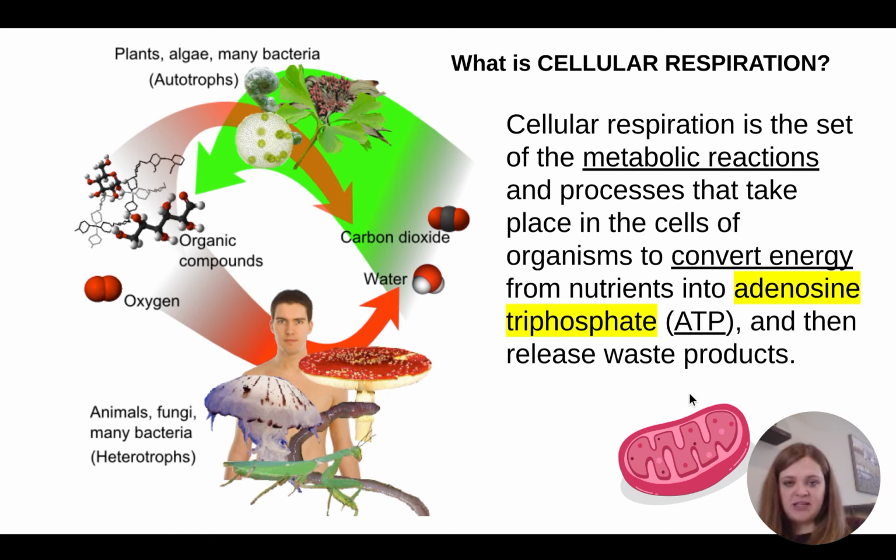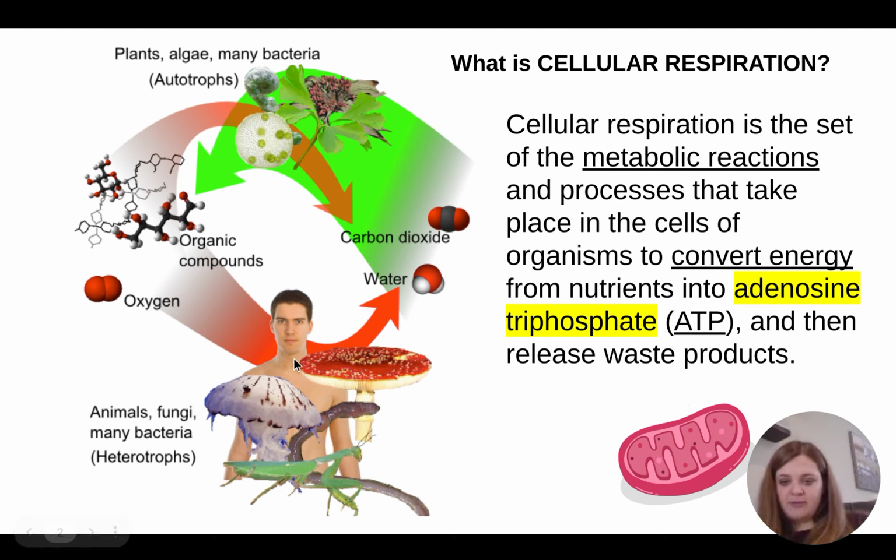Cellular respiration is the set of the metabolic reactions and processes that take place in the cells of organisms to convert energy from nutrients into adenosine triphosphate, or ATP, and then release waste products. So essentially, we're looking at our metabolism and those different reactions going on and how we can take the energy from sugar or our nutrients and turn it into that chemical energy of ATP.